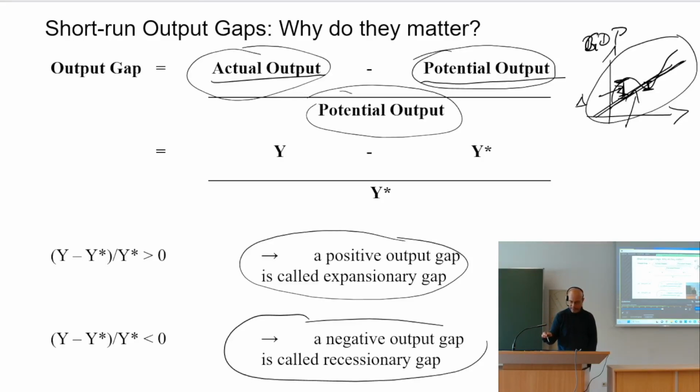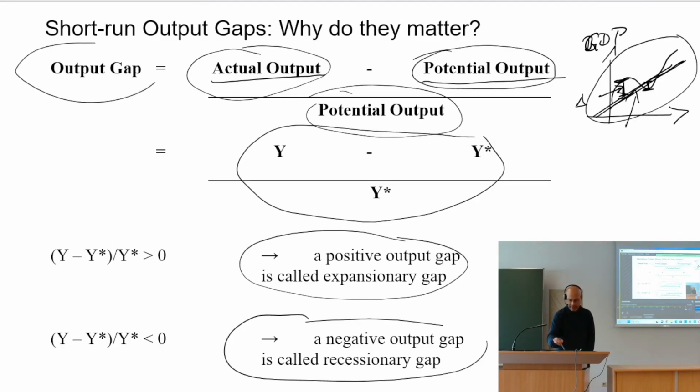And so we can calculate more or less the actual output relative to this long-term trend, and this we call potential output. We define the output gap as a relative number: actual production minus potential production divided by potential production.